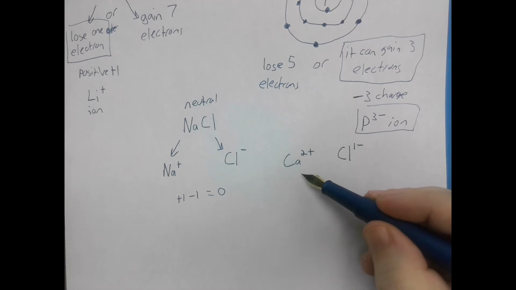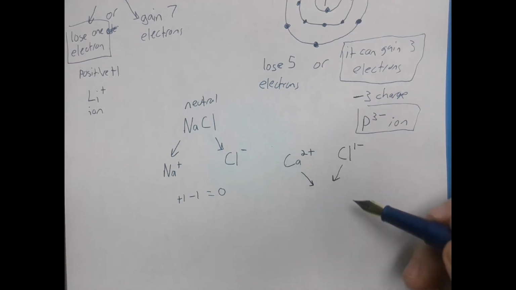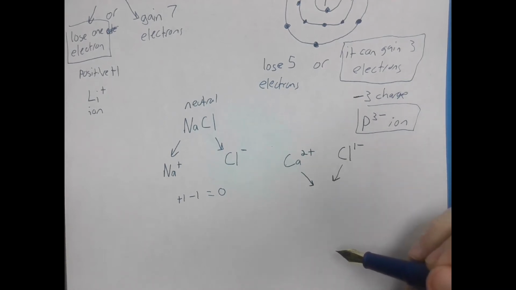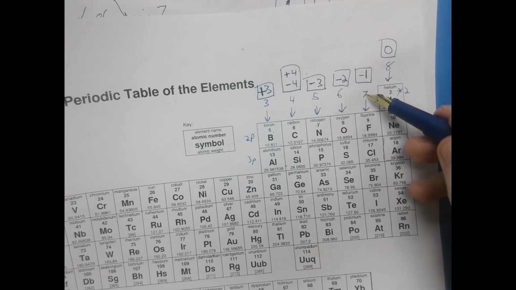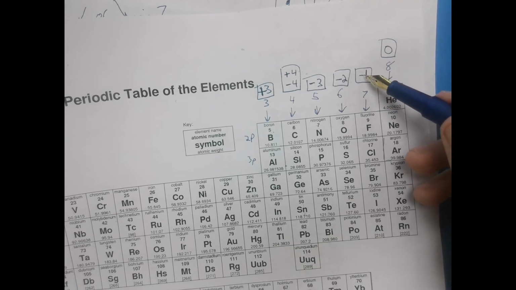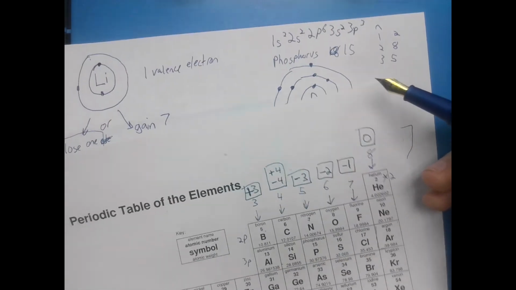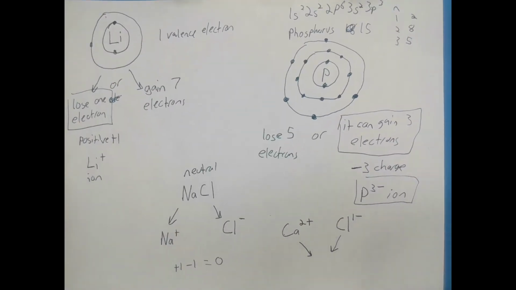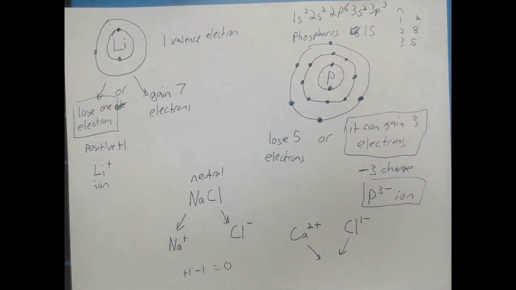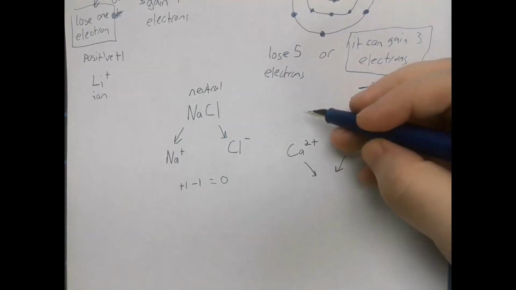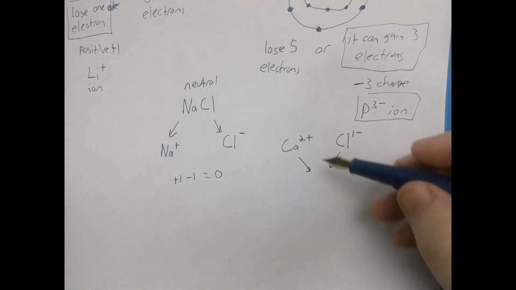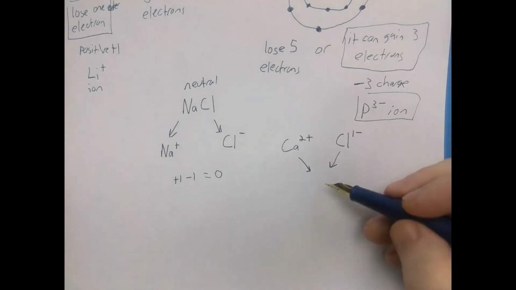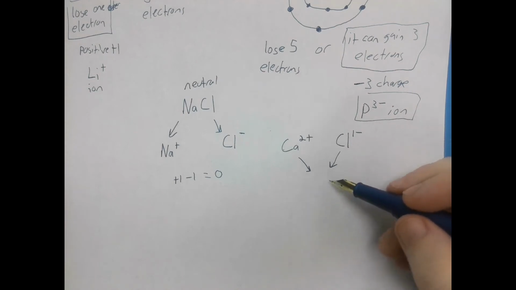What do you think the formula is going to be when we combine these together? That's 7 valence electrons. The charge is minus 1. Is that what you're talking about? Oh, I meant calcium and chlorine. I'm just making up two chemicals. So we have calcium and chlorine. What do you think they're going to be if they react together? What do you think the formula is going to be?